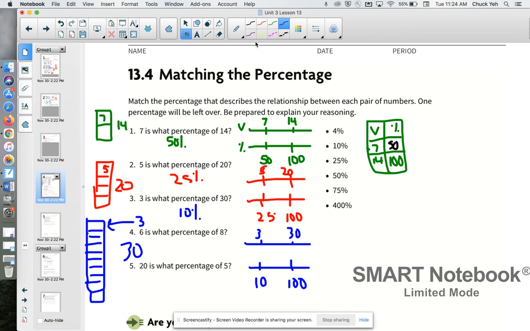And then 6 is what percentage of 8? 6, 8, and then this is 100. So multiply 6 times 100, divide by 8, and you get 75. So 75%.